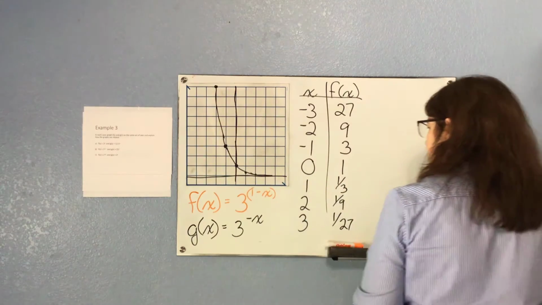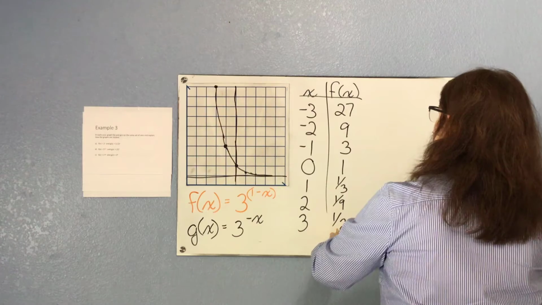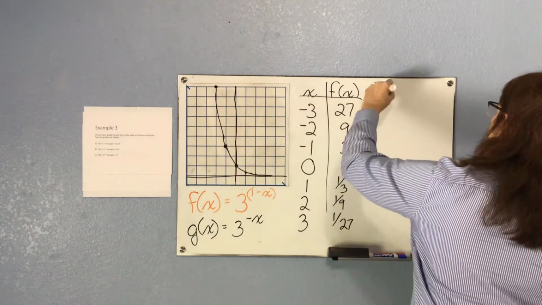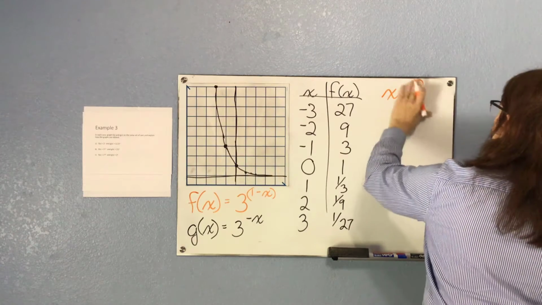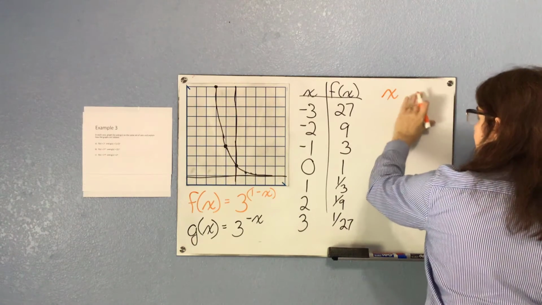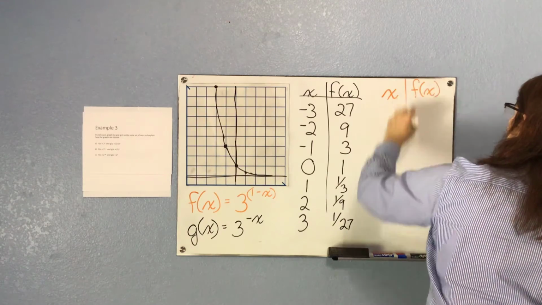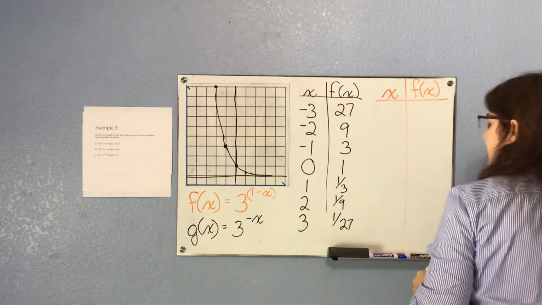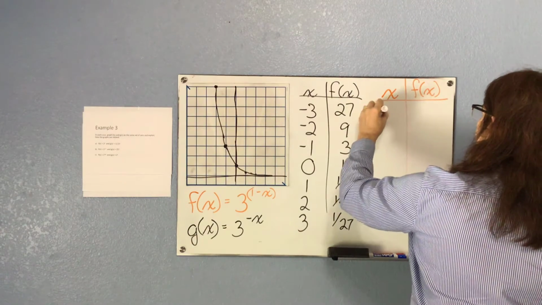What happens when I have 1 minus x? You can make another table of values. I'll call this one f of x.